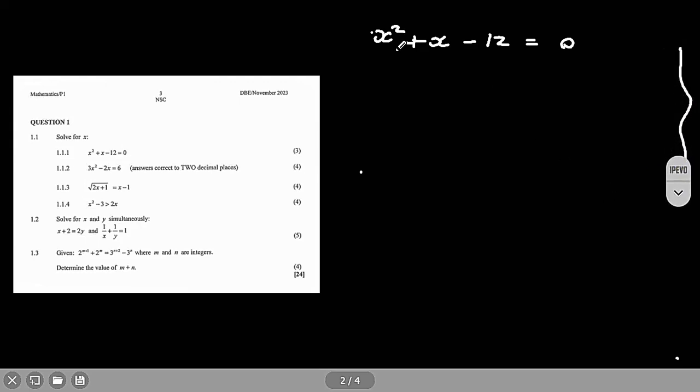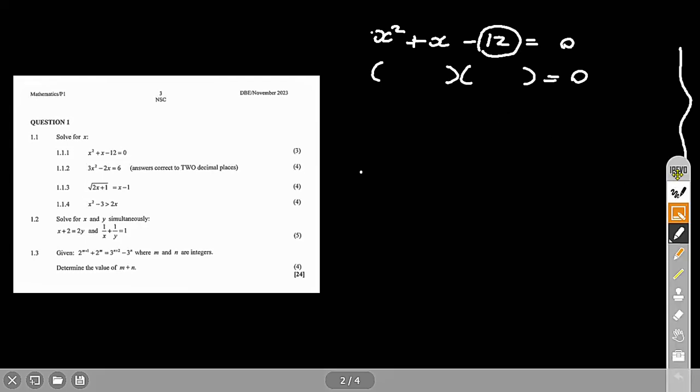Sorry about that. So first things first, you open your brackets and then you find the factors of 12, or let me say just negative 12 for argument's sake.